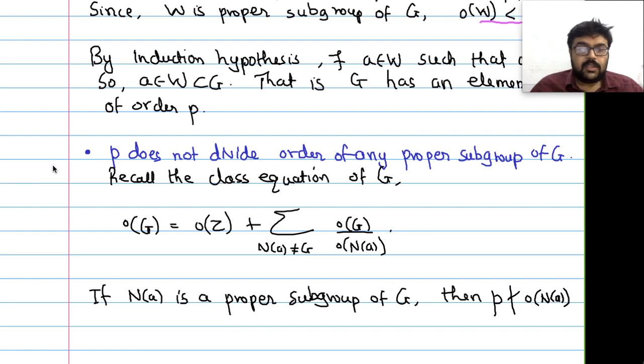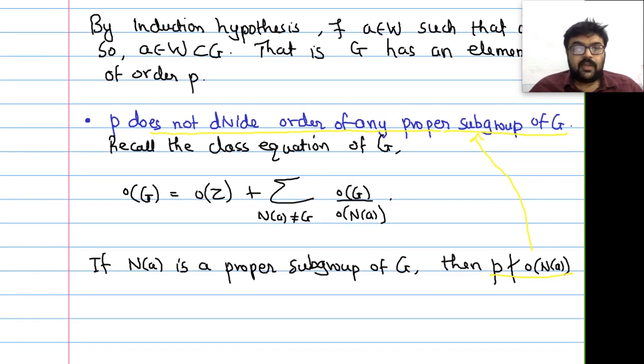Why? This is because by our case, this is what we have assumed: P does not divide order of any proper subgroup of G. So if NA, the normalizer of A, is a proper subgroup of G, then P does not divide order of NA.